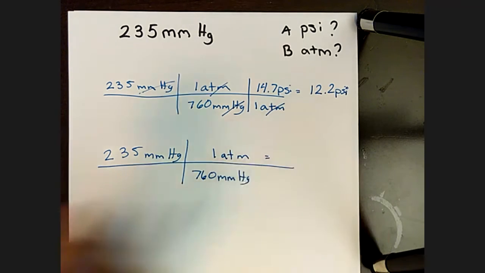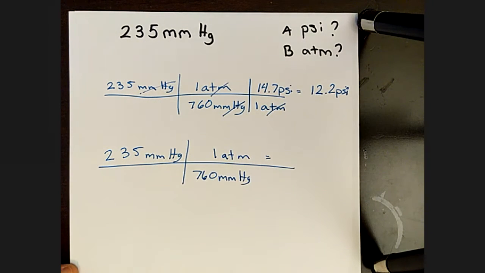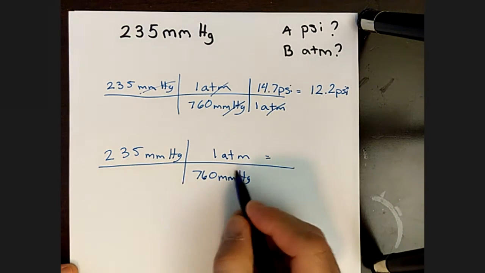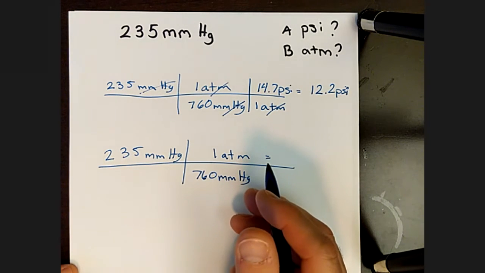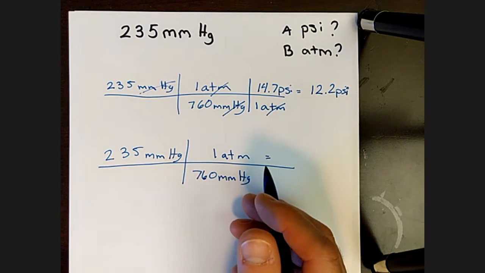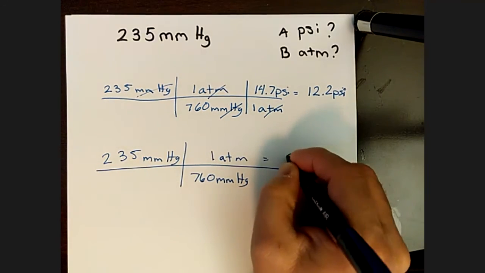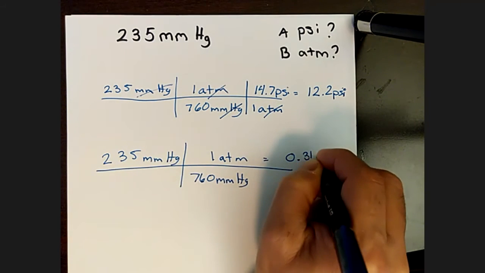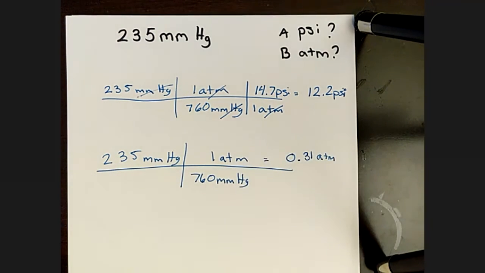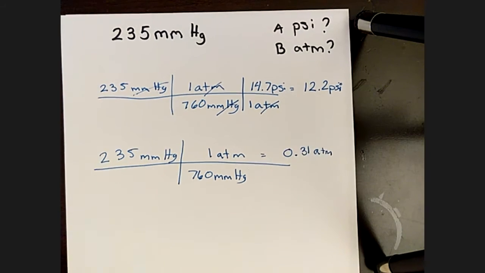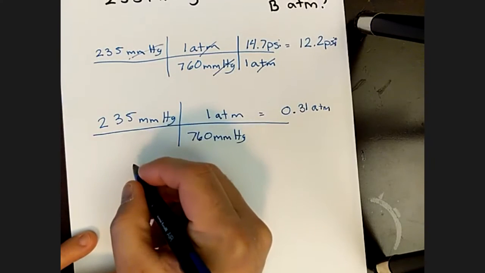So you're really just dividing by 760 in order to do this conversion. This also is the same unit for torr, if we're doing torr as well. So we get here about 0.31 ATM.